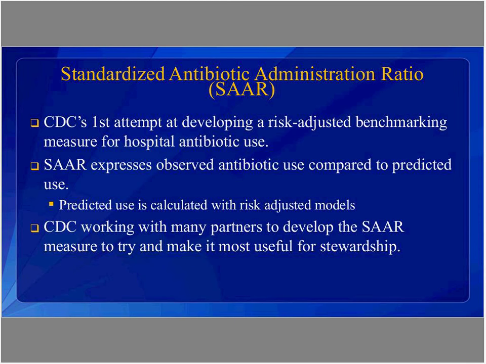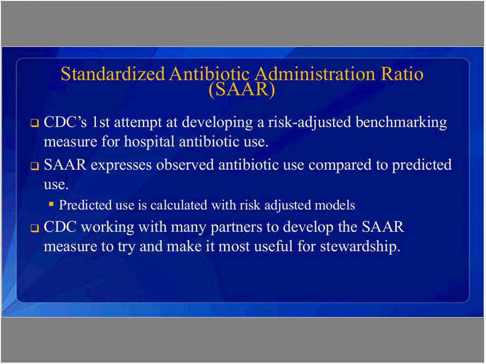So we can take a look at your hospital, and based on how many ICU beds you have, how large your hospital is overall, whether or not you're a teaching hospital, we put those factors into a model, and we predict what your antibiotic use would be based on all of the facilities that are reporting data into the antibiotic use option.